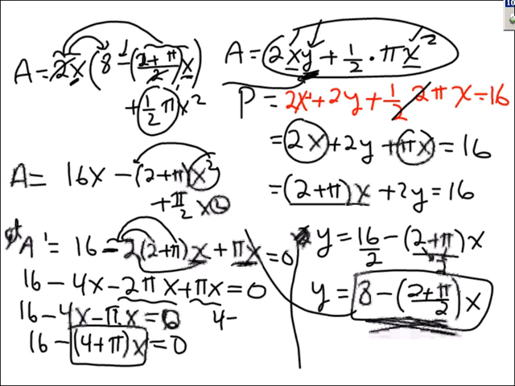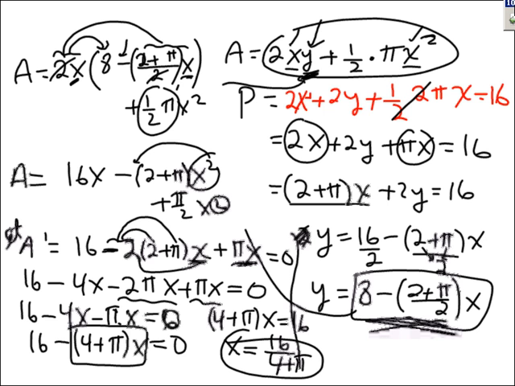So 4 plus pi times x equals 16. Divide by 4 plus pi. You get x is 16 over 4 plus pi. So now we have what x equals: 16 over 4 plus pi.